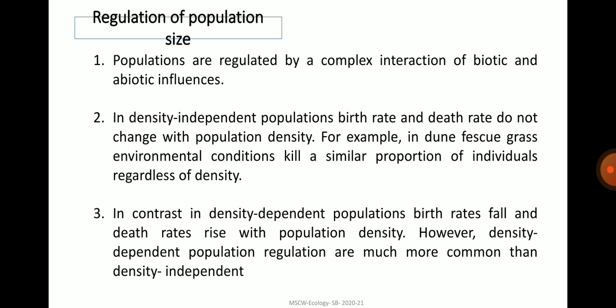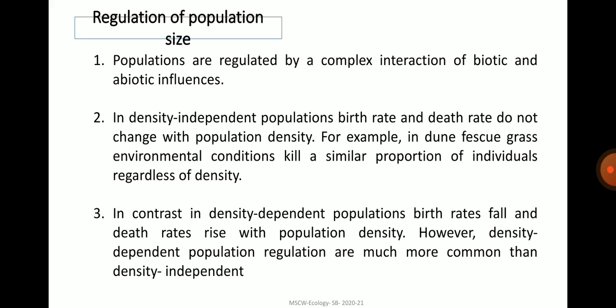Next, let us learn more about the population regulation. So, regulation of population size. As I have already mentioned, the populations are regulated by a complex interaction of biotic and abiotic influences. In case of density independent populations, birth rate and death rates do not change with population density.